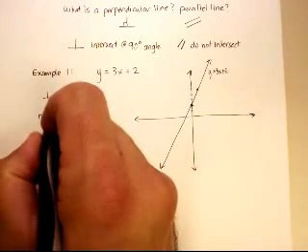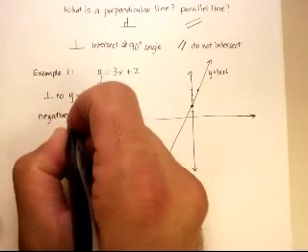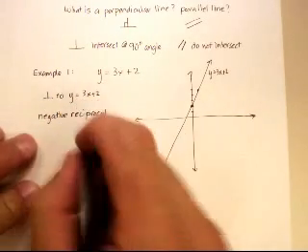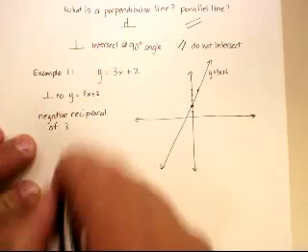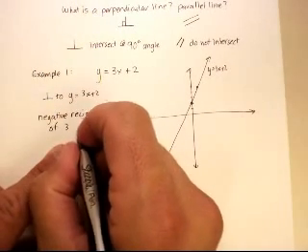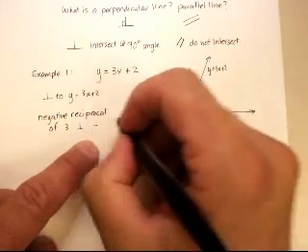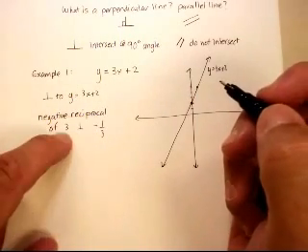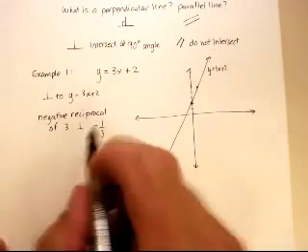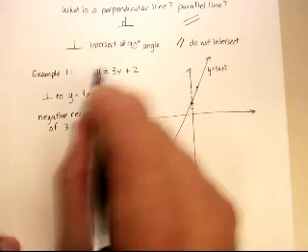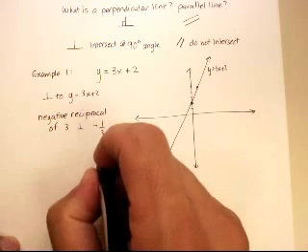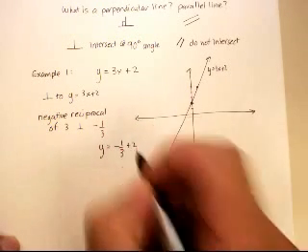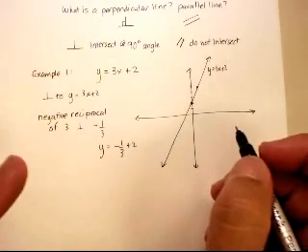So the negative reciprocal of 3 would be negative 1 over 3. Okay, so the negative and then the reciprocal of 3, which is 1 over 3. So if I were to put in an equation, let's just leave it exactly the same, and let's just change the slope to y is equal to negative 1/3 x plus 2. Let's see if we get a perpendicular line.